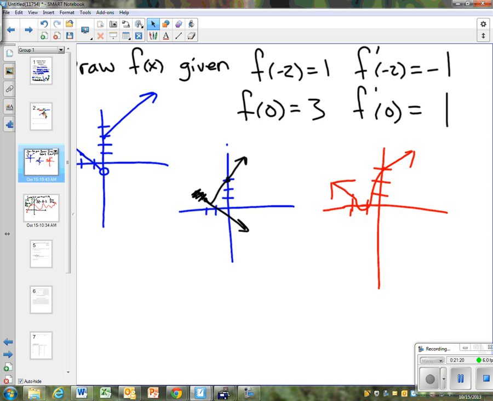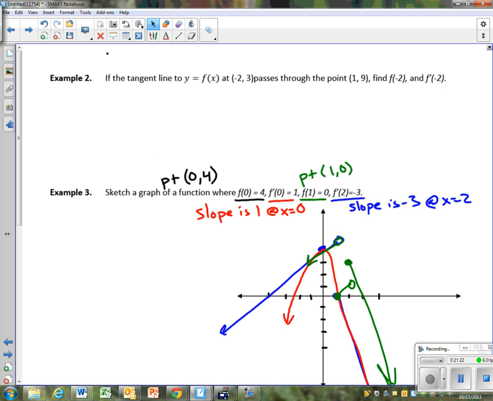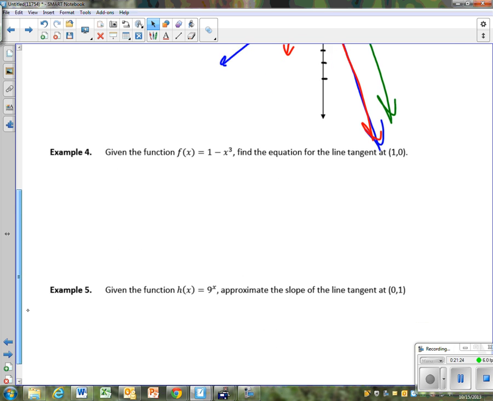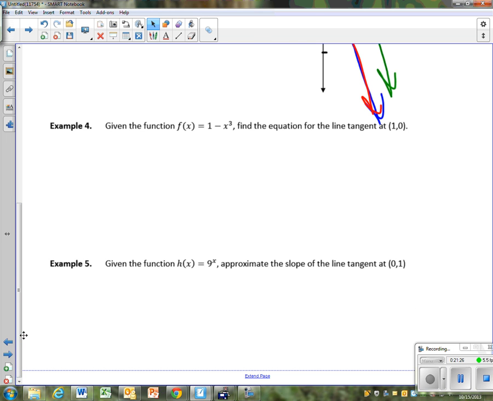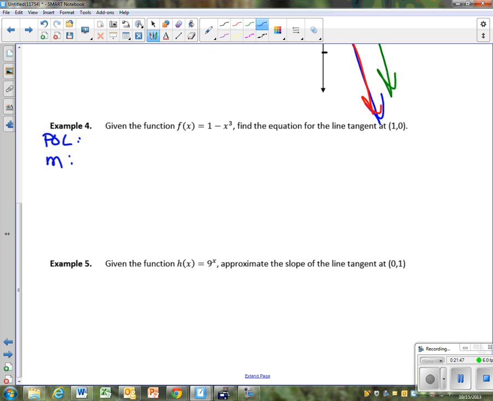So let's go to the next one. Given the function f of x equals 1 minus x to the third, find the equation for the line tangent at 1, 0. What two things do you need to find an equation for a tangent line? Point on the line and slope. So now we're actually going to put this in practice. This is similar to what we've just done. What is the point on your line? 1, 0.